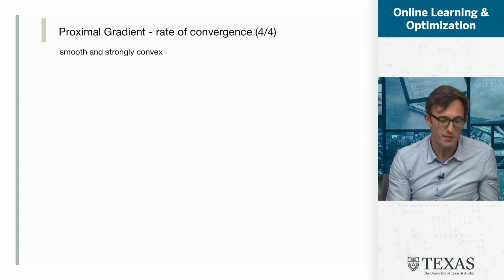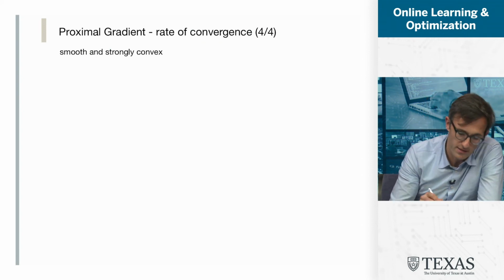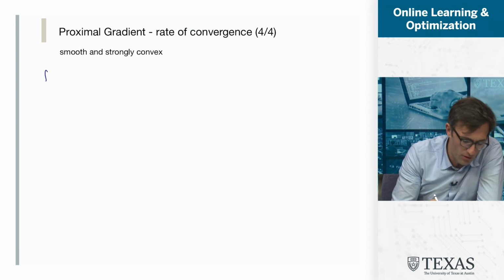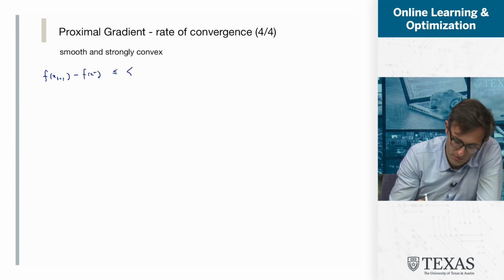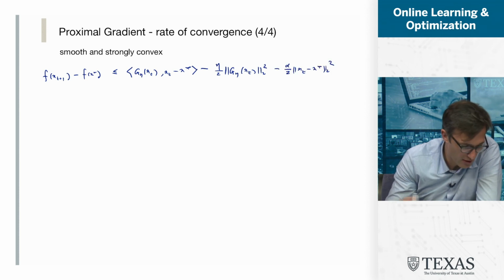We can very quickly modify this to get the proof of the rate of convergence for smooth and strongly convex. So similarly to what we had before, we have f of xt plus 1 minus f of x star is less than or equal to g eta of xt times xt minus x star minus eta over 2 g eta of xt squared, the terms that we saw before. And the only additional term is this minus alpha over 2 times xt minus x star squared.